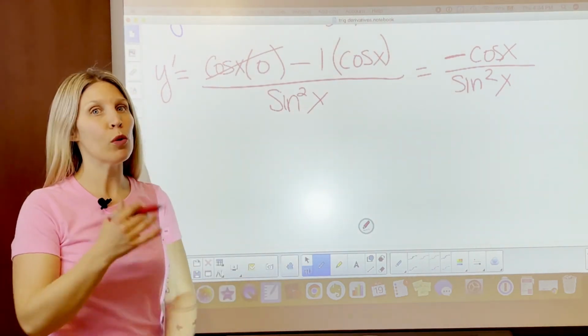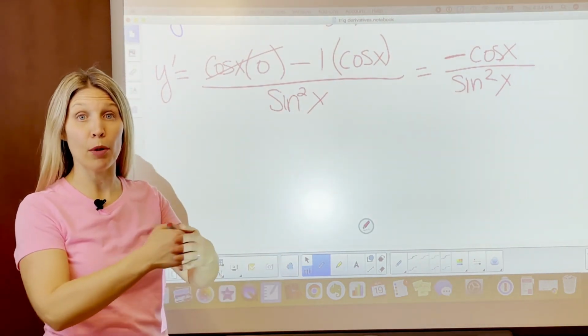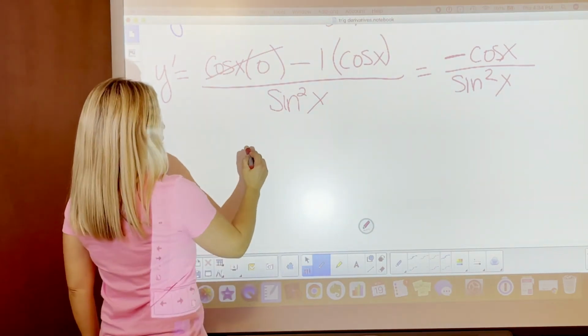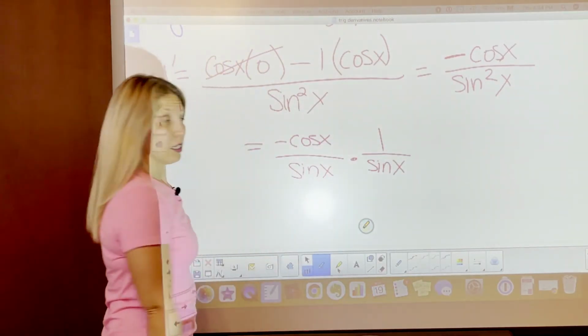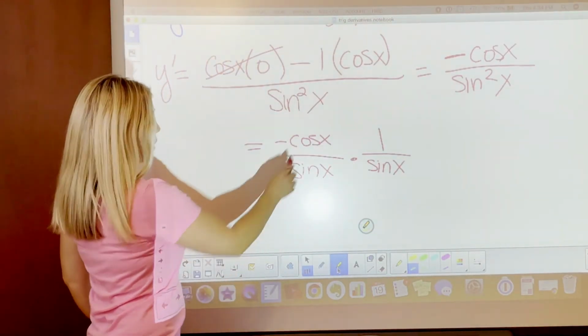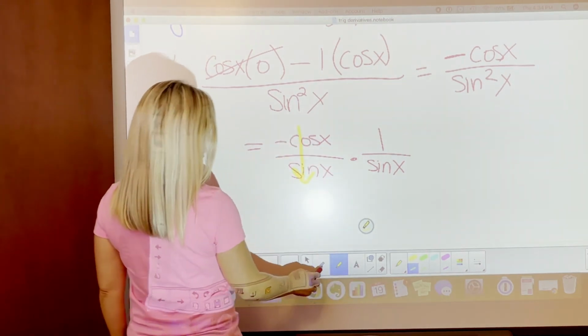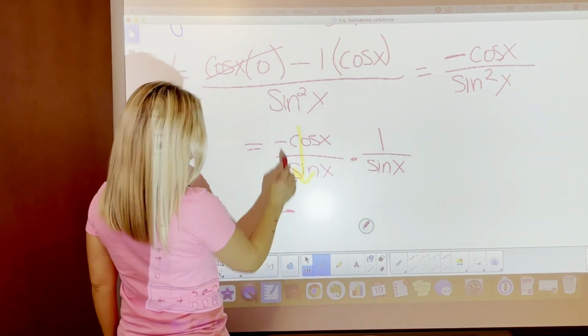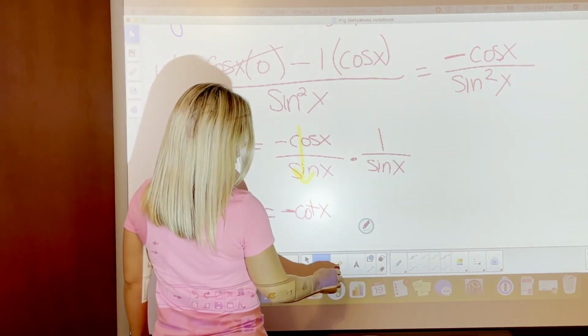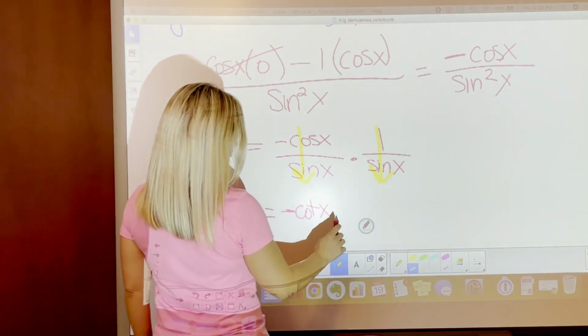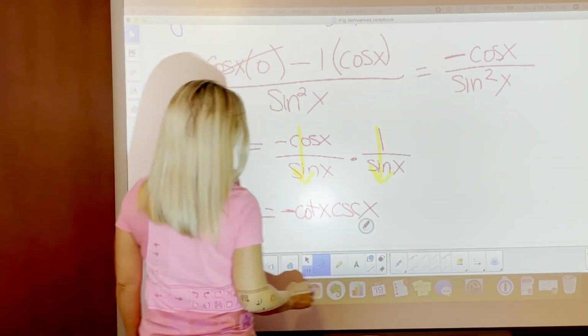Very good. And now we're going to do the same thing we did in the previous problem and pull apart that fraction. So now we have negative cosine x over sine x times 1 over sine x, because remember I'm separating the denominator. And hopefully you're getting excited about your trig because you see that this piece right here becomes negative, just don't drop that negative sign, cotangent x, and 1 over sine x becomes cosecant x.